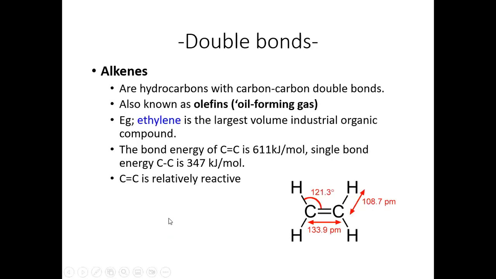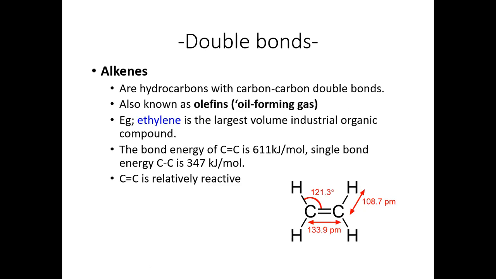We know alkenes are mostly hydrocarbons that we use in industry. The common one is olefins, an oil forming gas. I'm sure you have heard of ethylene, right? It is the largest volume industrial organic compound.